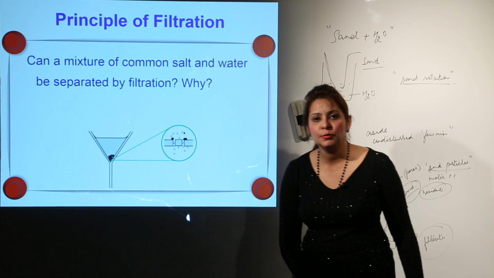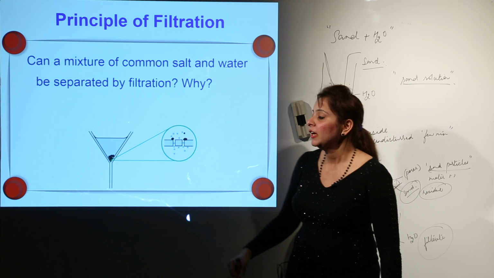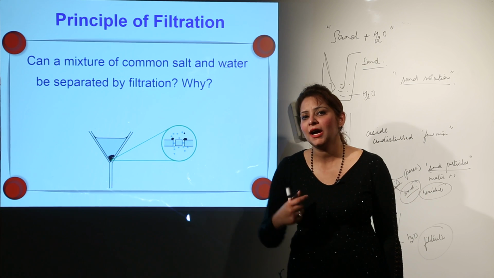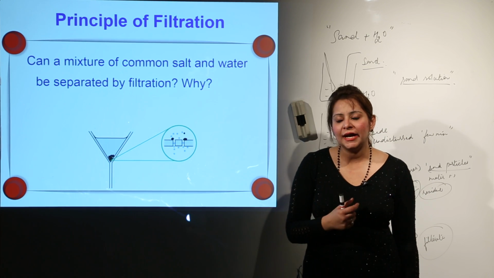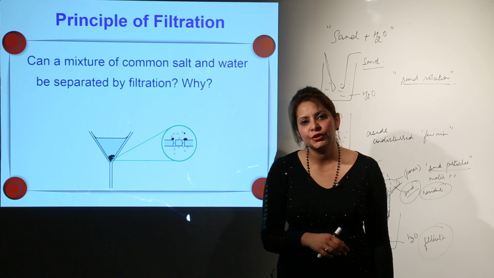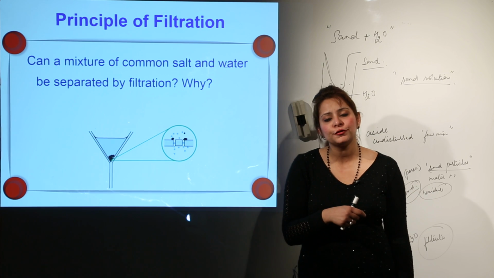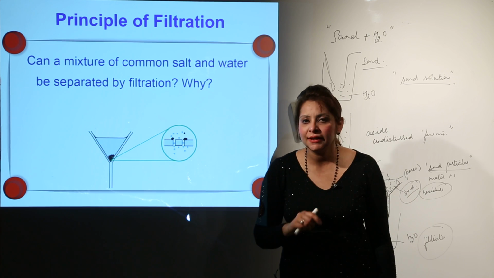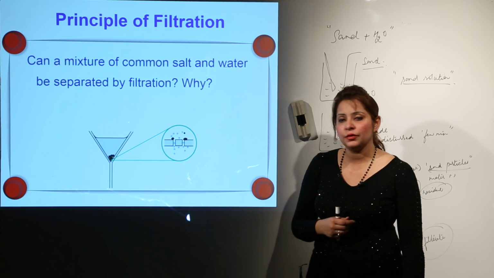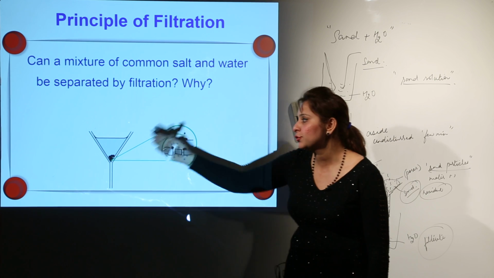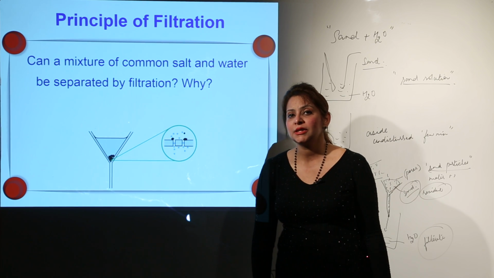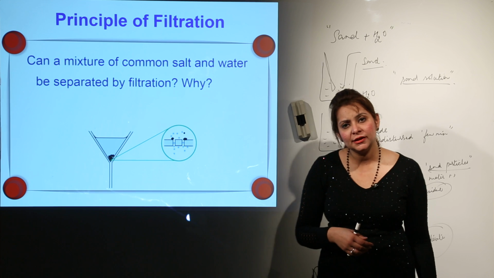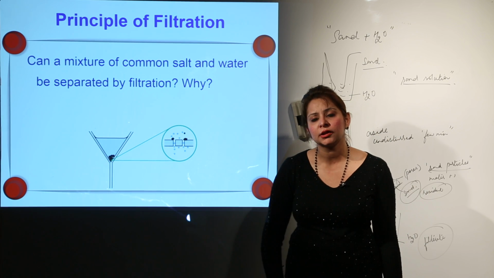If I take the same apparatus and make a salt solution, how can I make the salt solution? I can take a beaker with water in it, add a spoon of salt to it, and dissolve it with the help of a stirrer, right? When I pass that solution through the filter paper, can the salt particles get separated by the filter paper or not?